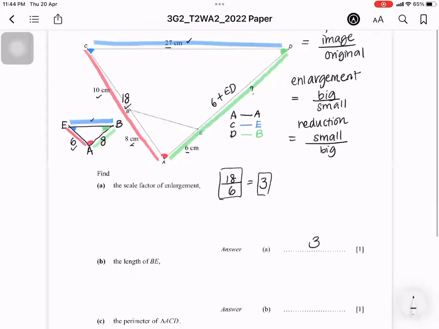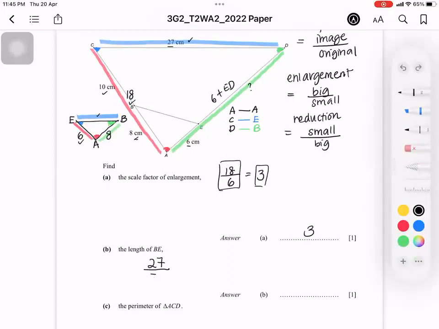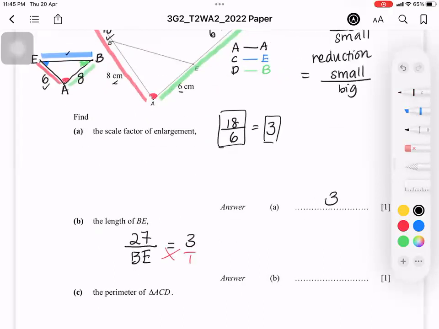So big over the small one, DE or EB, should give me 3. So what can I do? I can cross multiply, or some of you will be clever and see the pattern. You want to make it become smaller, so you just divide by 27 divided by 3. So BE equals 27 divided by 3, which is 9. All right, so the answer BE will be 9 cm.